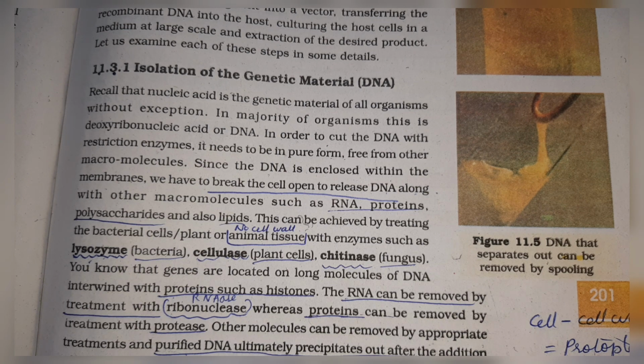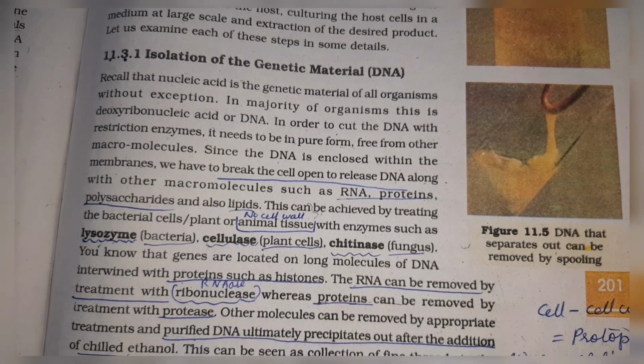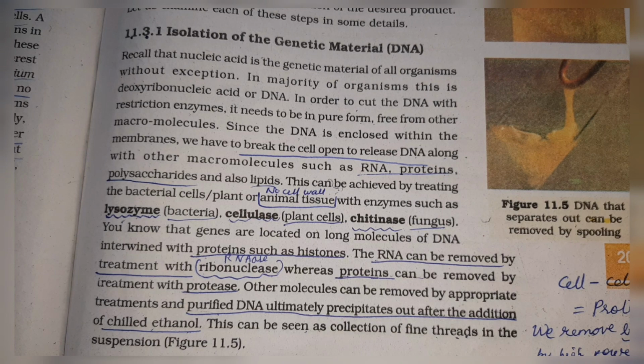This can be achieved by treating the bacterial cell or plant cell or animal tissue with enzymes such as lysozyme for bacteria. The cell wall of bacteria is made up of various materials, and lysozyme dissolves the cell wall of the bacterial cell. So in order to dissolve the cell wall, we use lysozyme for bacteria.